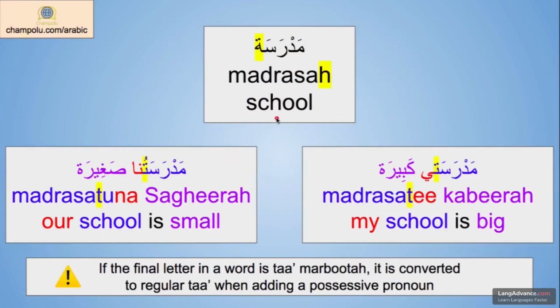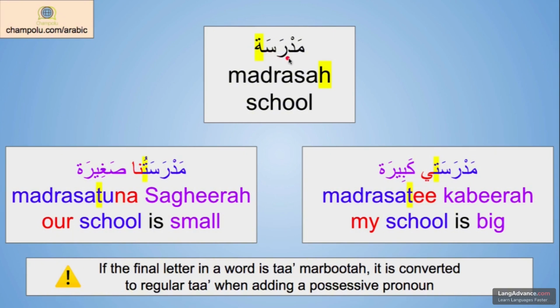And notice something, that for some nouns in Arabic, when they have what is known as ta' marbuta at the end of it, and when you try to add a suffix after it, like these possessive pronouns, instead of the ha sound, it becomes ta.